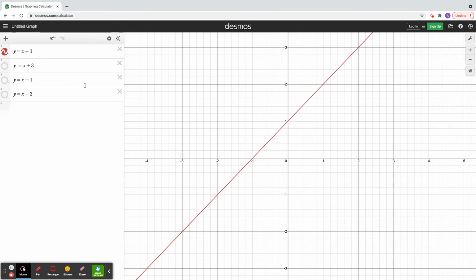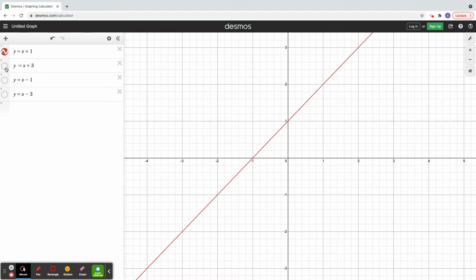So y equals x plus 1. Remember, this black line that ranges from -4 to 5 is our x-axis, our horizontal line, and our vertical line is our y-axis. Look at this graph and see if you can identify what our y-intercept is, or what it could be representing, because remember, it's the constant that's being added by itself.